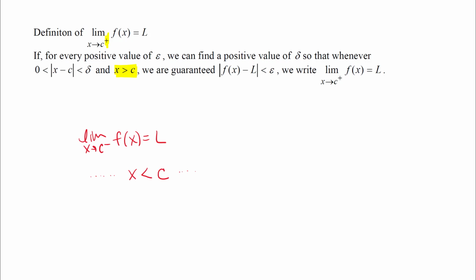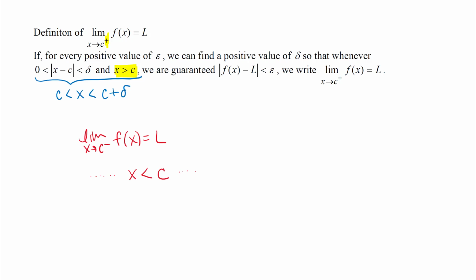One other comment I want to make about this definition is that sometimes you'll see this restriction on what x can be written a little bit differently. You can also write that part to say that x has to be between c and c plus delta. That's another way to write that expression, and you can open up that inequality and think about inequalities to rewrite that.